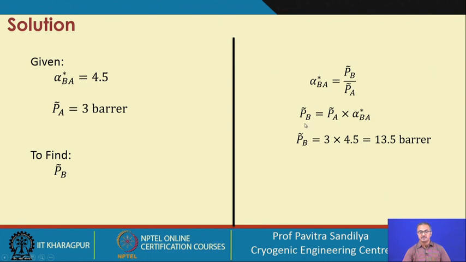We find that PB is equal to PA into alpha BA star, and from this the permeability of component B is 13.5 barrer. So this is a very simple problem in which we determine the permeability of a component from the permeability of another component and the value of the ideal separation factor.